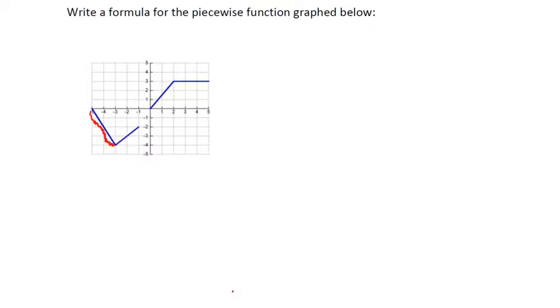So I have that piece, I have this piece, I have this piece, and I have this piece. So when I go to write my definition, I'm going to have 4 parts to that function definition. So I need a big f of x and a big bracket.